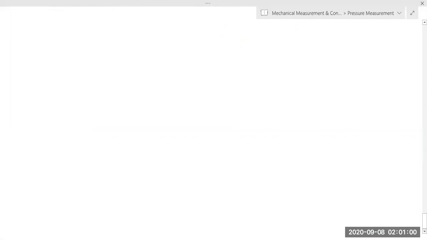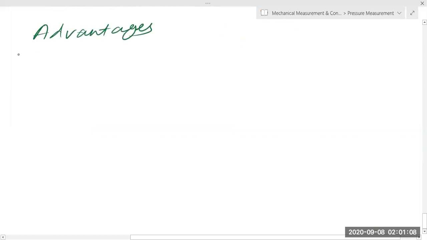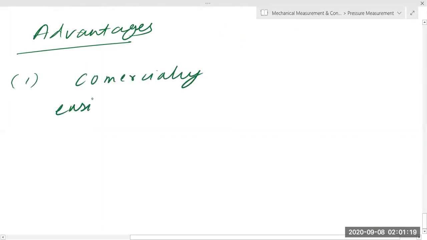Now, one more thing I can tell you is about the advantages and disadvantages. Let me list them down. First, the advantage: it is commercially very easily available, due to easy construction.